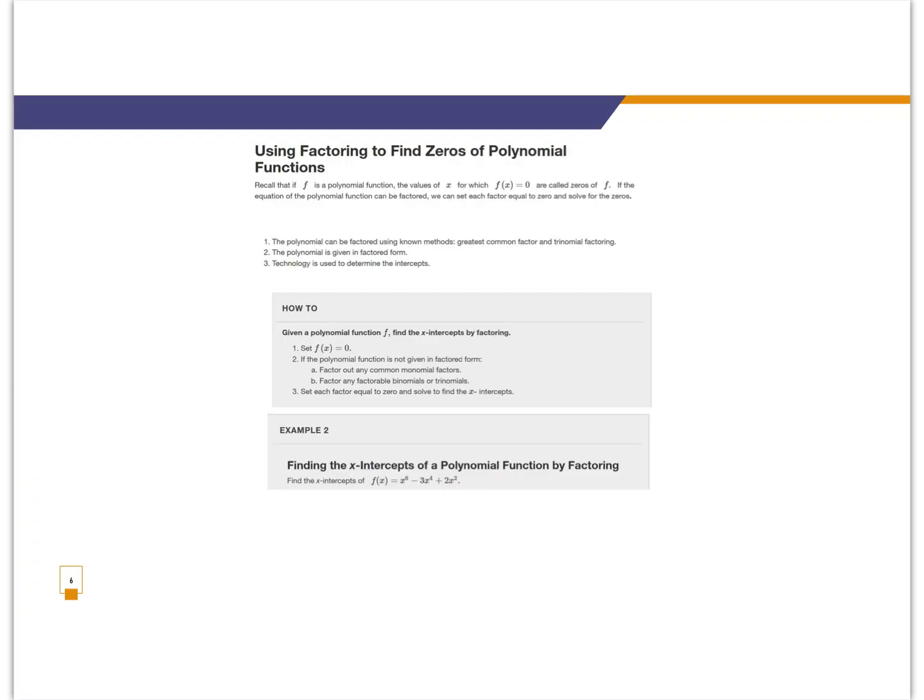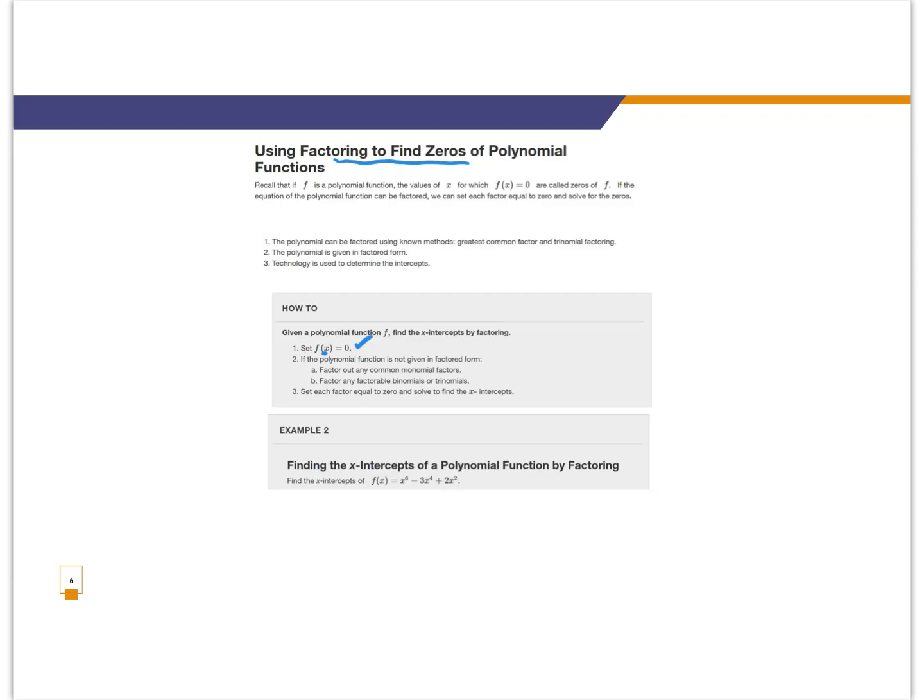Okay, let's use factoring to find zeros. There are a few simple steps that they would want you to do. Set your function equal to 0. If a polynomial is given in factored form, that means it already is factored.